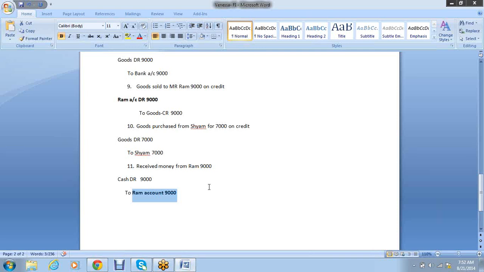If in this example he has given me only 6,000 rupees, then the Ram account will be deducted only by that. Earlier I have a debit of 9,000, now I will give a credit of 6,000. That means he still has to pay 3,000. So in the future there will be another entry whenever he pays: received money from Ram for 3,000.